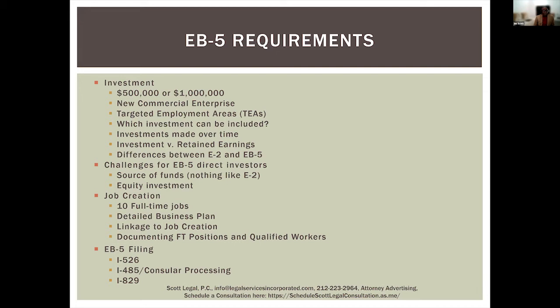However, if you are doing an EB-5 direct investment, the source of funds could be an extremely significant part of your petition, and typically it could be hundreds of pages because they really do trace to the nth degree where the money came from.